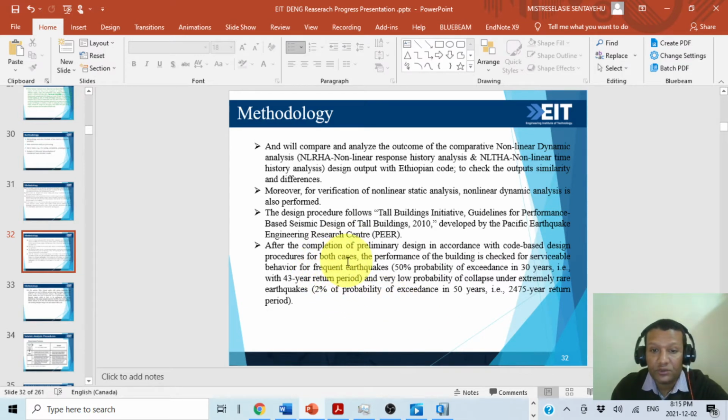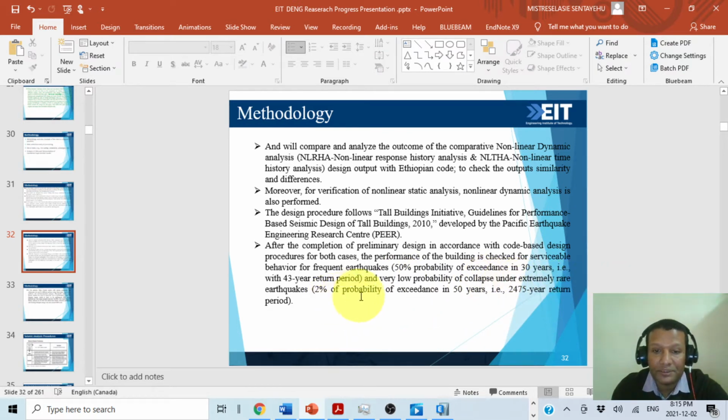After the completion of preliminary design in accordance with the code-based design procedure for both cases, the performance of the building is checked for serviceable behavior for frequent earthquake, 50 percent probability of exceedance in 30 years, with a 43 year return period, and very low probability of collapse under extremely rare earthquake.